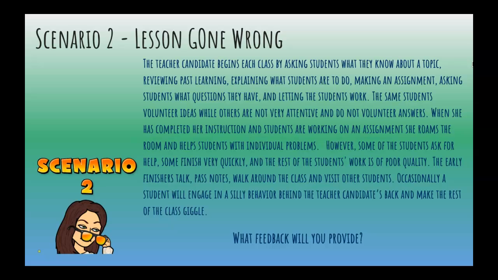When the student teacher has completed her instruction and students are working on an assignment, she roams the room and helps students with individual problems. However, some of the students ask for help, some finish very quickly, and the rest of the students' work is of poor quality. The early finishers talk, pass notes, walk around the class, and visit other students. Occasionally, a student will engage in a silly behavior behind the teacher candidate's back and make the rest of the class giggle. What feedback will you provide?